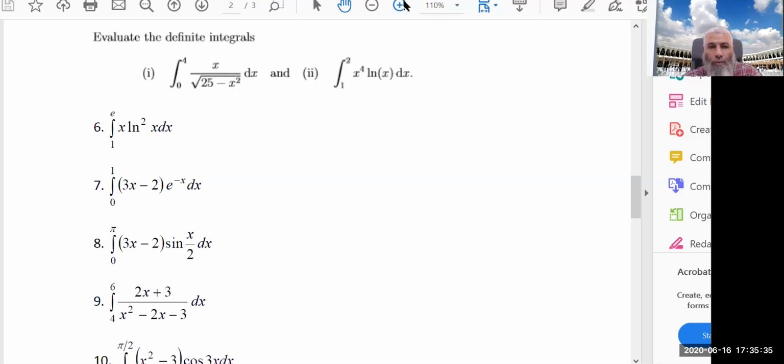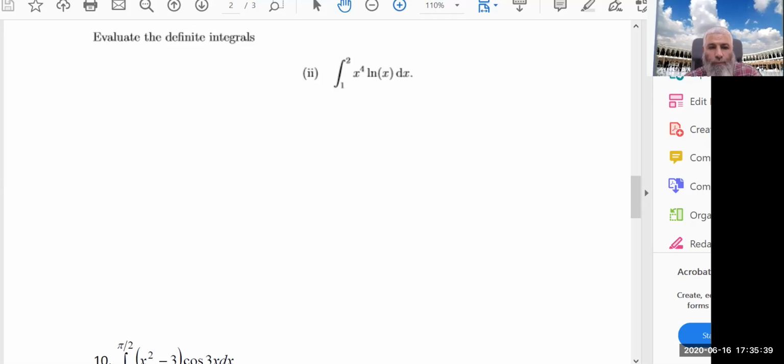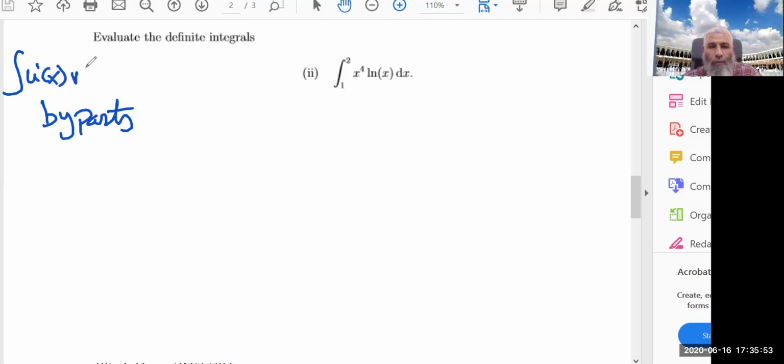We solved it right, but in the steps we did something wrong here. The rule is integration by parts: integration of u dash x v of x dx is u of x multiply v of x minus integration of u of x multiply v dash of x dx.